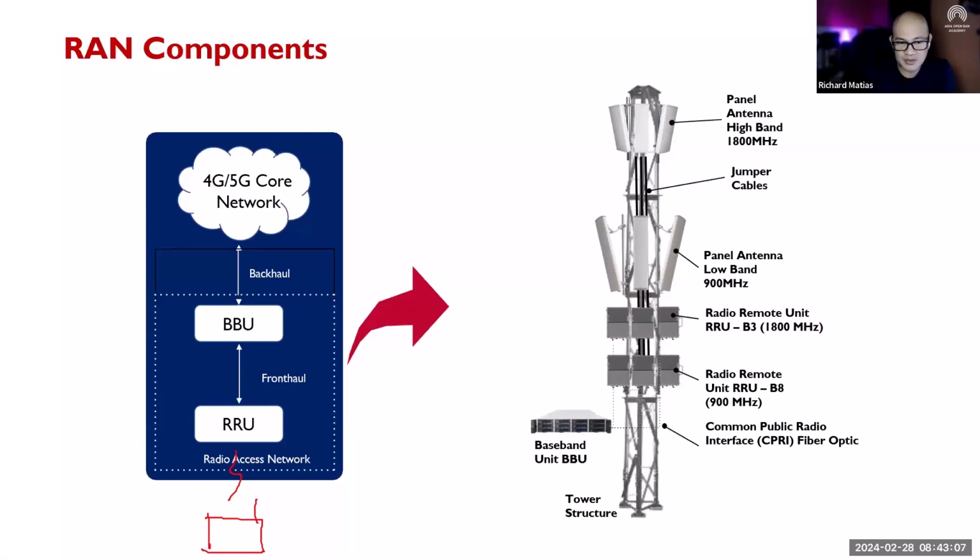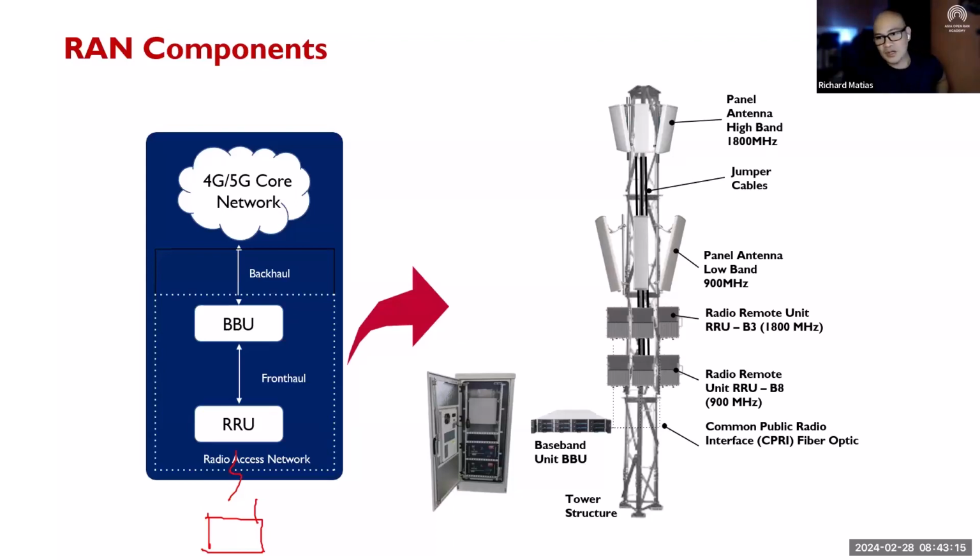And the baseband unit is usually enclosed in an outdoor cabinet or even in a cabin, where the power source or the backup battery and the ventilation or air conditioning are also located.